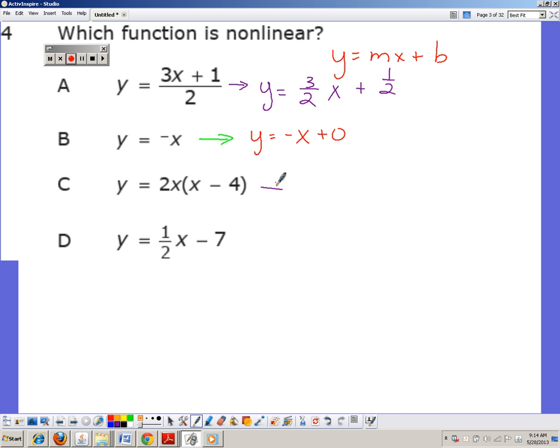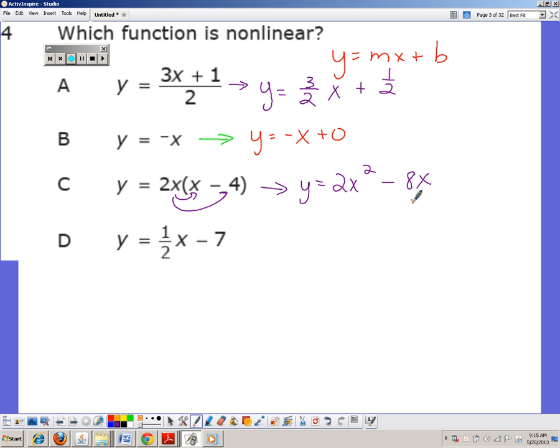C, to get rid of the parentheses, you have to use the distributive property. So you're going to do y equals 2x times x is 2x squared. 2x times a minus 4 is a minus 8x.